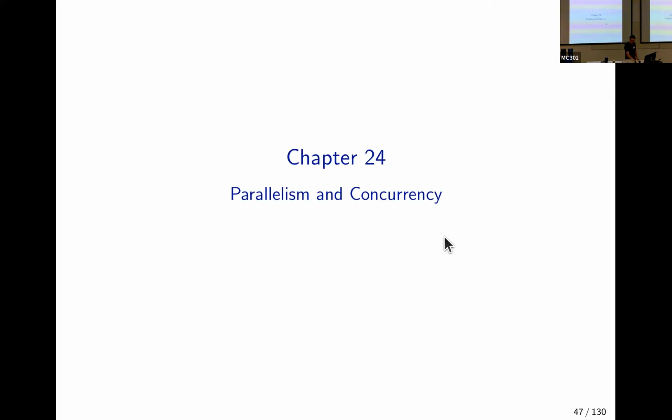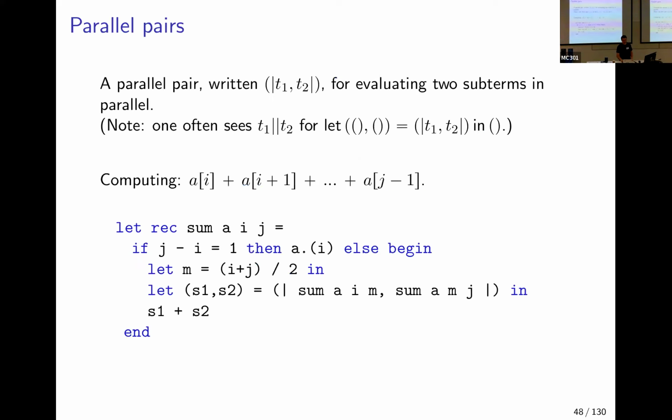What is more interesting probably is parallelism and concurrency. It seems like separation logic was almost invented for this, but it was not. Say you have a parallel pair. You could have T1 parallel T2, but since we're returning values, we have a parallel pair instead. We don't have two threads in parallel; you have two threads to spawn and you wait for the results. T1, T2 return a pair.